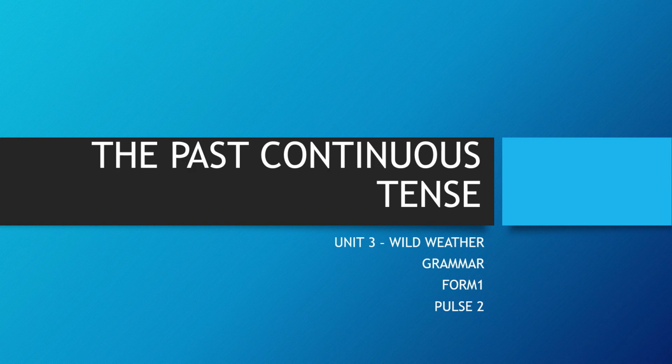Okay, today we are going to learn the past continuous tense. Okay, this is from Unit 3, Wild Weather, and from the topic grammar. It is from past 2 textbooks for Form 1 students.